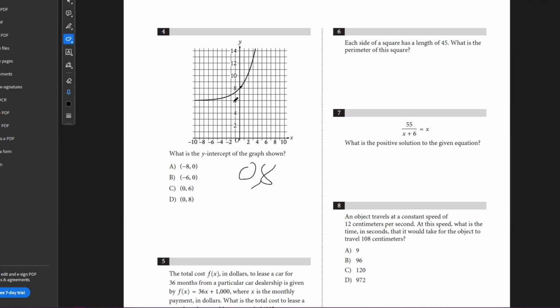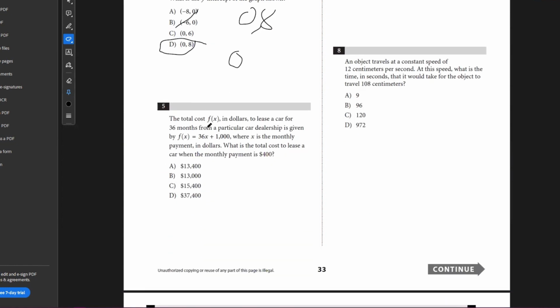When y is equal to 8, there is a y-intercept. Also, you should know that if there is a y-intercept, your x has to be equal to 0. So you basically have to eliminate A and B no matter what. For C and D, you might make a mistake, but you can notice that there is an 8 and it's cutting the y-axis. So the answer choice is going to be (0, 8).